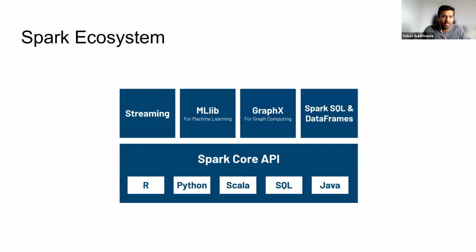If you look at the Spark ecosystem, it has a core component on top of which there are subcomponents that are specifically catering to different types of applications. For example, if your data is in motion, which means you're constantly getting fed with large data, you have Spark Streaming for that.